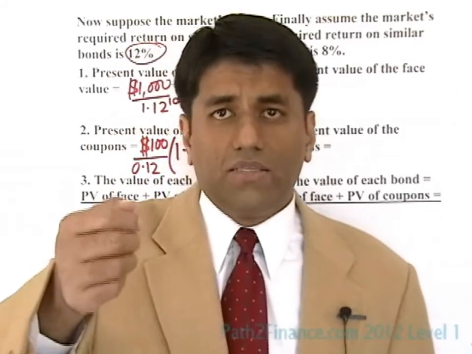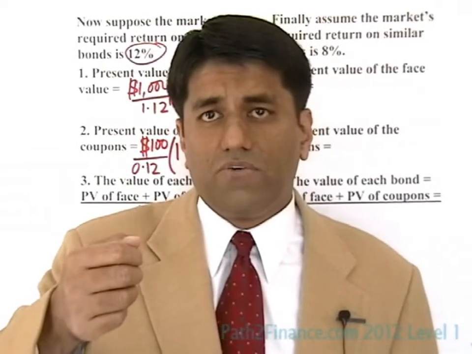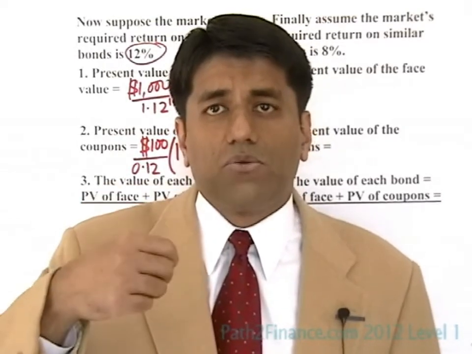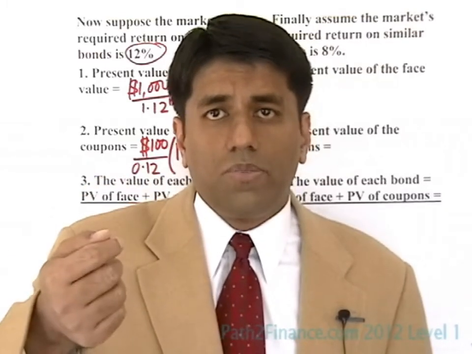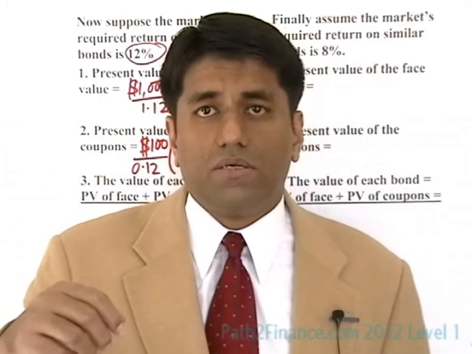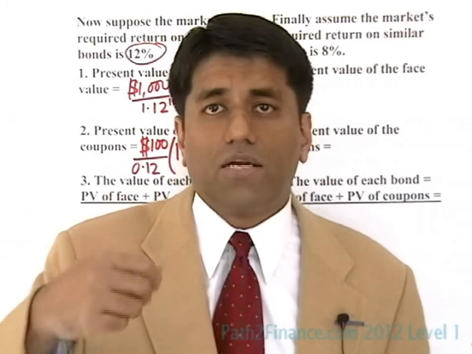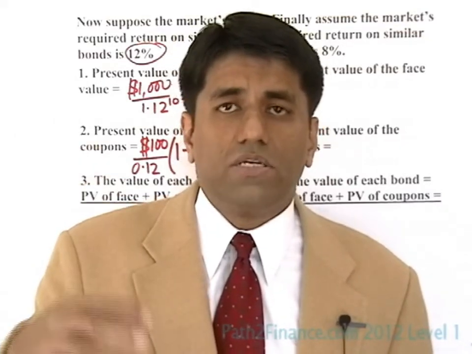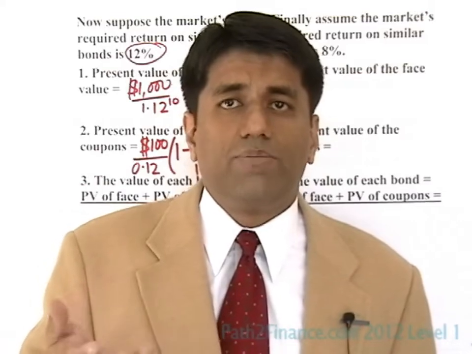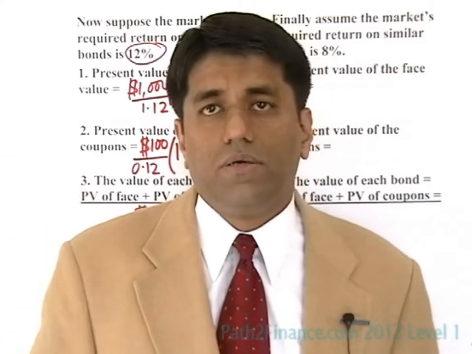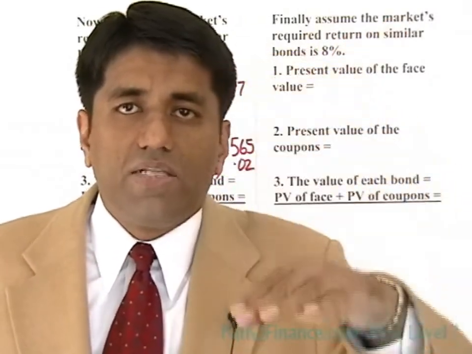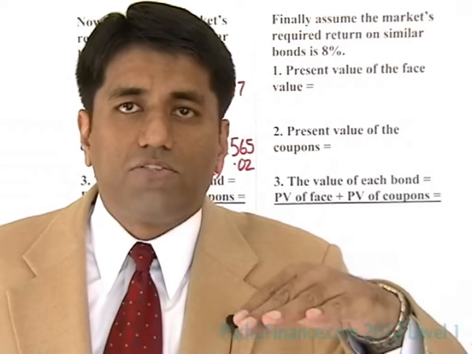So I don't like this bond which is giving a 10% rate of return, and the way I'm going to buy it from you is if you drop the price. So it has to be made attractive to me by having its price decreased to the point where it produces a 12% rate of return. So an increase in yield to maturity results in a fall in the price of bonds.